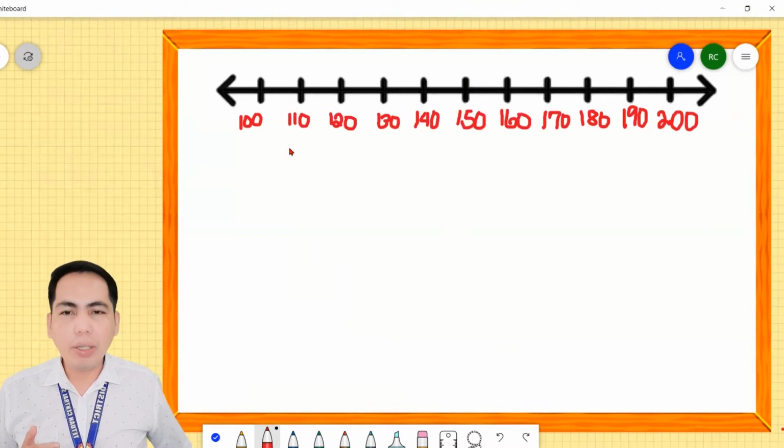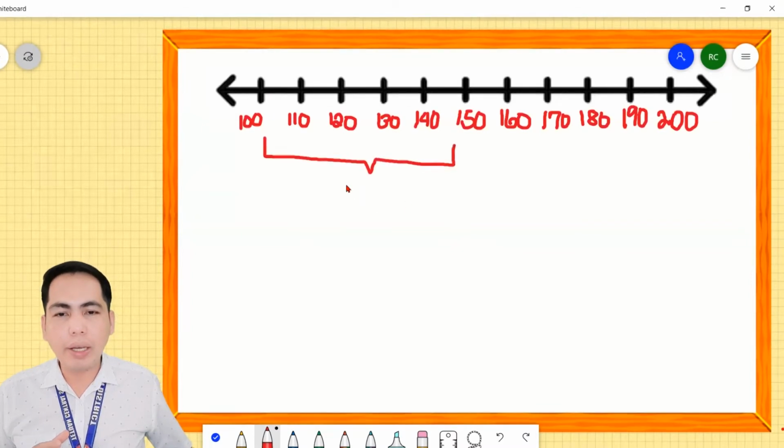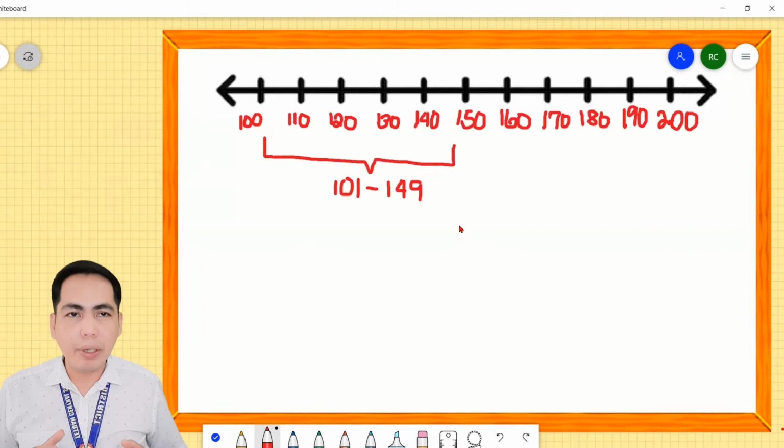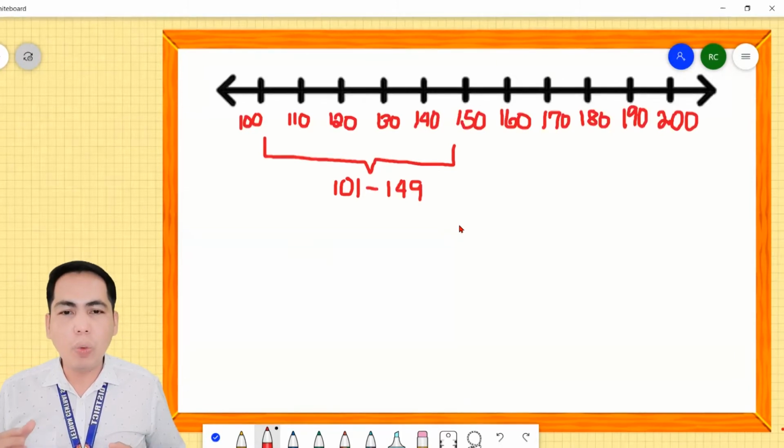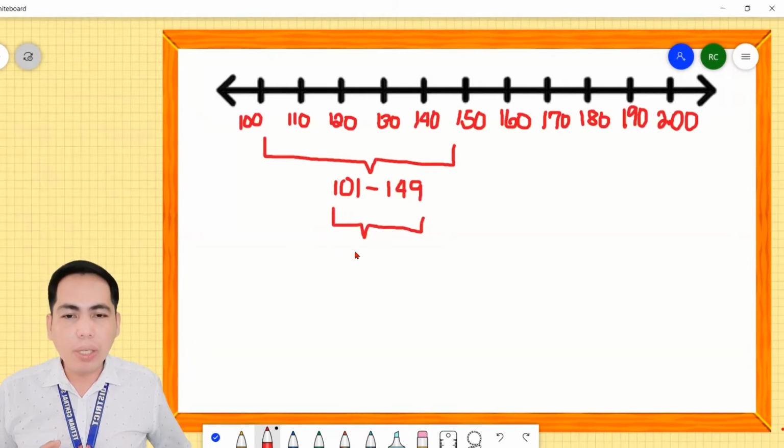So we will be rounding off 101 to 199. If we look at the number line, from 101 to 149, all of these numbers are closer to 100. So when these numbers are rounded off to the nearest 100, all of them are approximately 100.